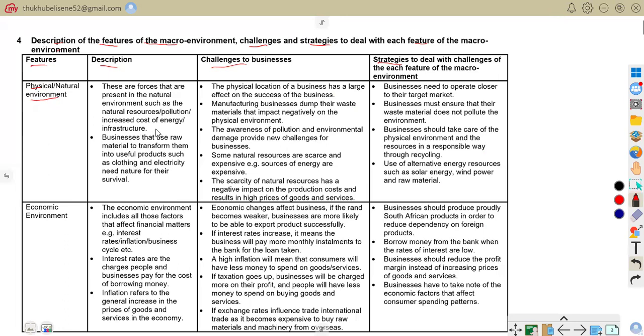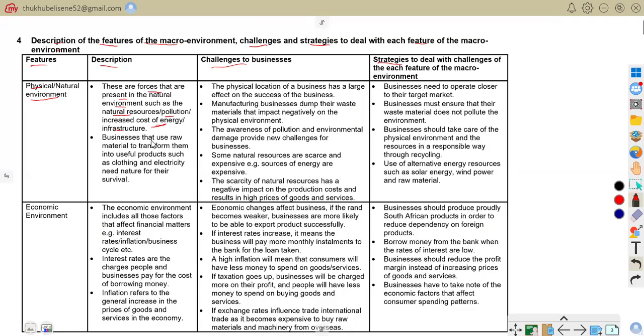As it says under the description of this, these are forces that present the natural environment, such as natural resources, pollution, increased cost of energy and infrastructure. So what it means is that businesses depend on nature and infrastructure. For example, factories need electricity as well as what? Water. So that is that.